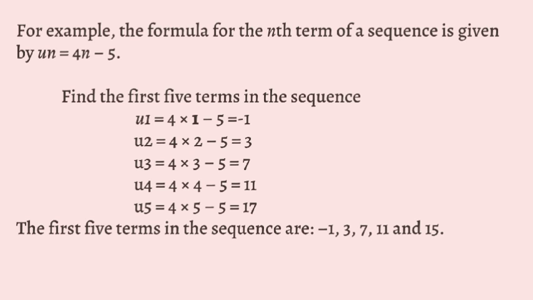U3 equals 4 times 3 minus 5 equals 7. U4 equals 4 times 4 minus 5 equals 11. U5 equals 4 times 5 minus 5 equals 15. The first 5 terms in the sequence are minus 1, 3, 7, 11, and 15.